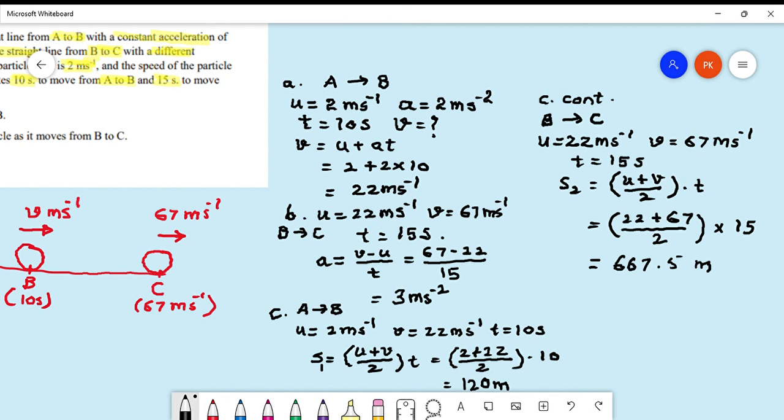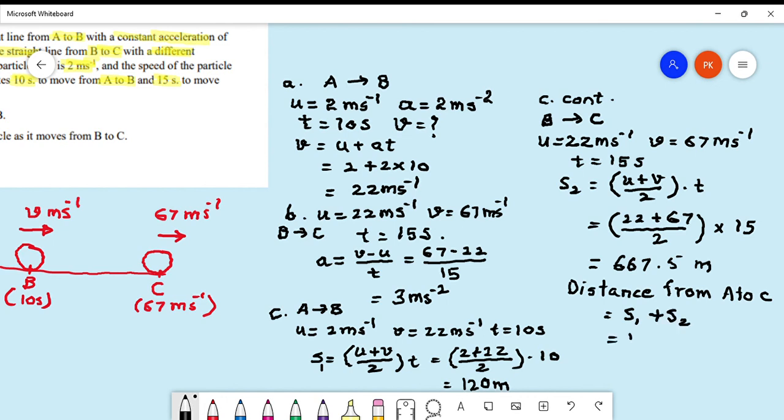So now I want the distance or the displacement from A to C. That will be nothing but S1 plus S2.